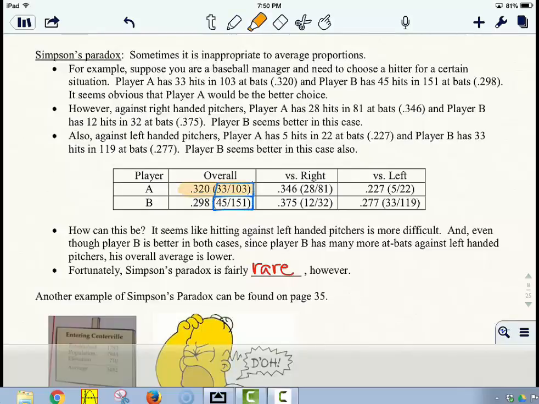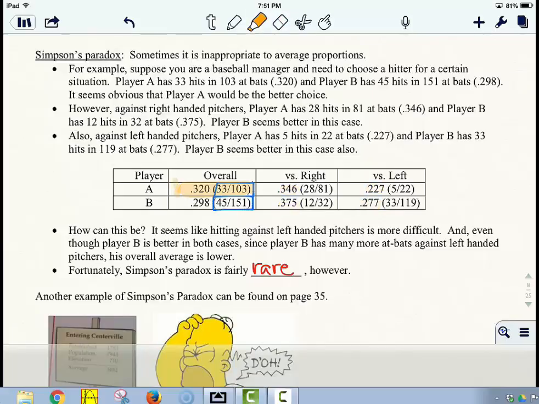29.8%. However, against right-handed pitchers, player A has 28 hits and 81 at-bats, or 34%, and player B has 37%. Also against left-handed players, player A has, so basically let's look at this. Okay, if we look carefully, I'm not going to state all the data.